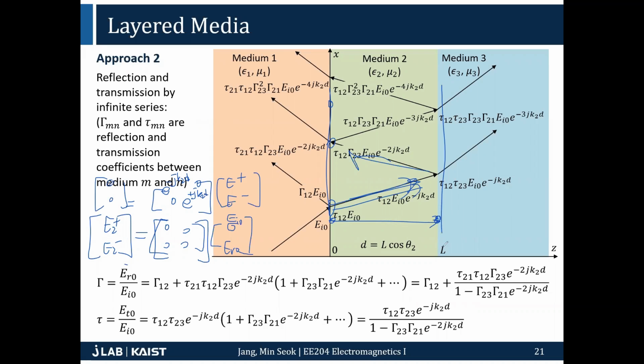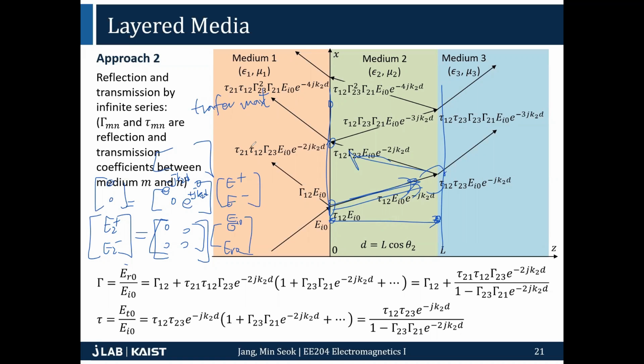And then here, we also have a matrix taking into account the reflection and transmission, and so forth. This way of solving the problem is called the transfer matrix formalism.